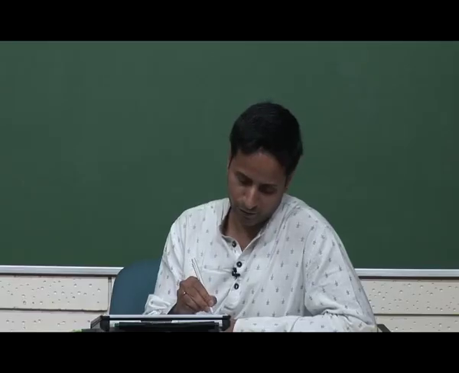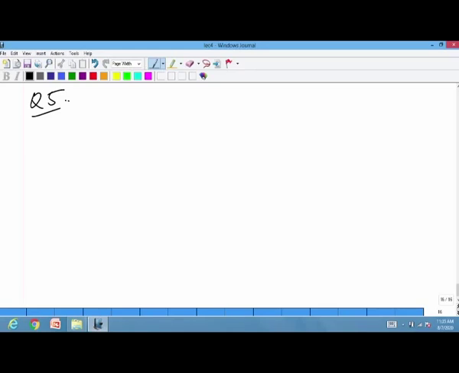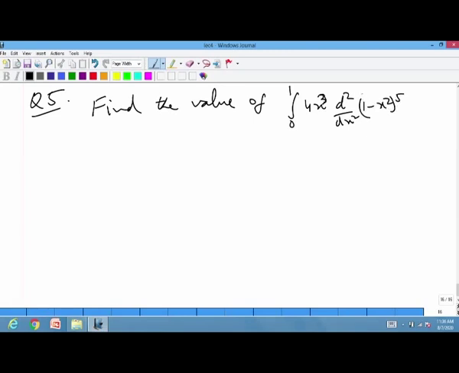Okay, let us do question number 5. So, we have to find the value of the integral from 0 to 1 of 4 x cube times the second derivative of (1 minus x square) raised to power 5 dx.